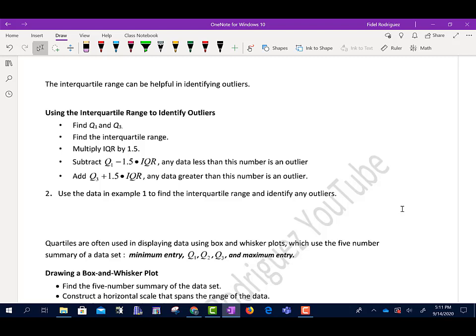We subtract: Q1 minus 1.5 times the interquartile range. Any number less than this is an outlier. We take Q3 and add 1.5 times IQR, and any data greater than this number is an outlier. It says use the data in Example 1, which was one of the test scores, to find the interquartile range and identify any outliers.